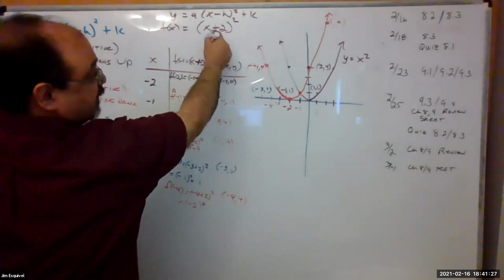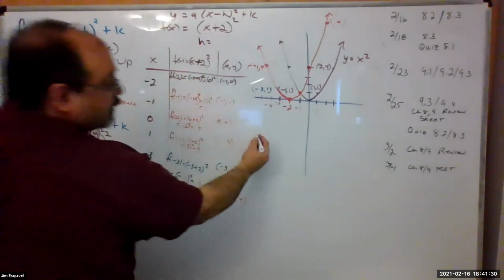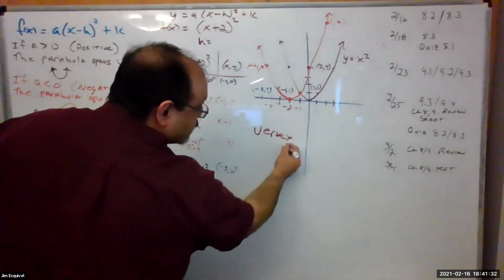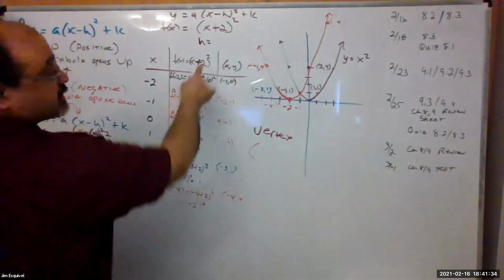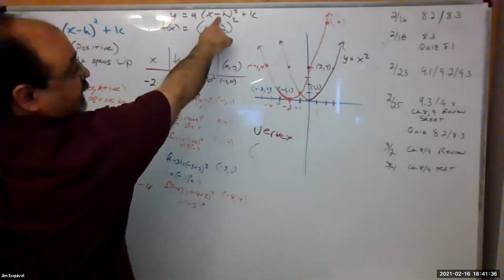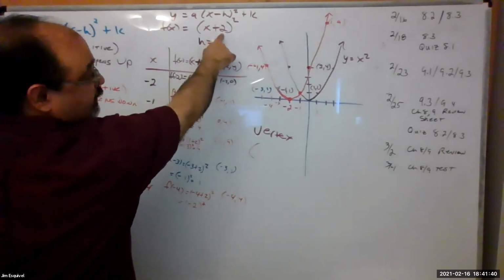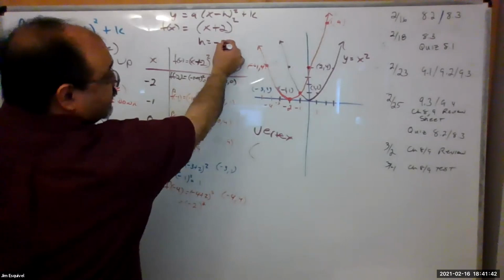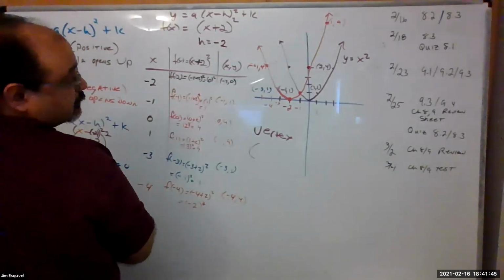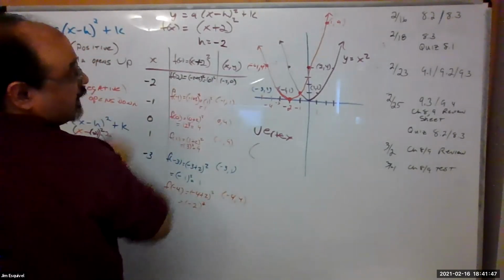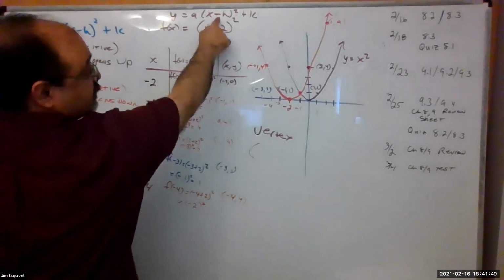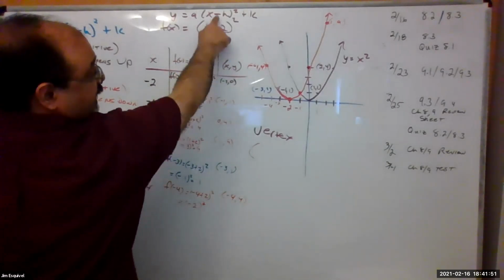So when you identify h, because you want to know the vertex, the negative is always built in. When I see this plus 2, I know h is going to be negative 2, because of the built-in negative when you take it out.